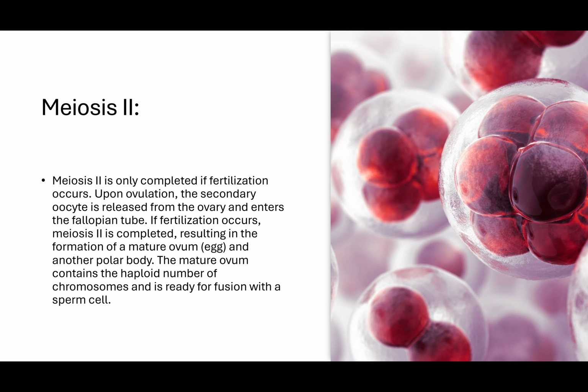So we end up with two cells, and one is bigger than the other. Because the body doesn't have that many additional resources to take care of both of them, it will absorb the smaller one and take its nutrients. It will degenerate. That is the reason why we have a polar body.